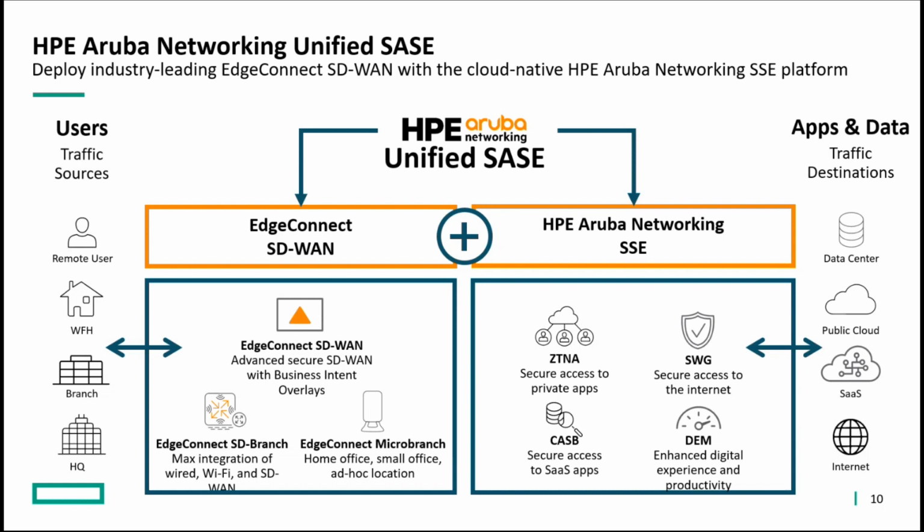And then we layer it with the SSE for the cloud portion like ZTNA, SWG, and CASB. And when we marry these two solutions together and have them tightly integrated, we get that true unified SASE approach, so we're end-to-end secured and optimized.